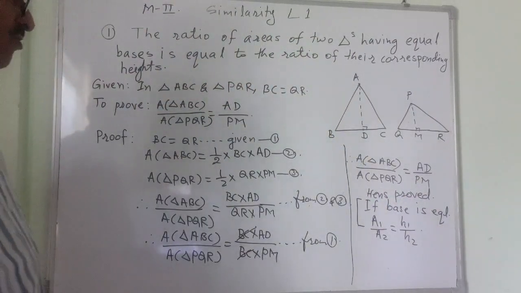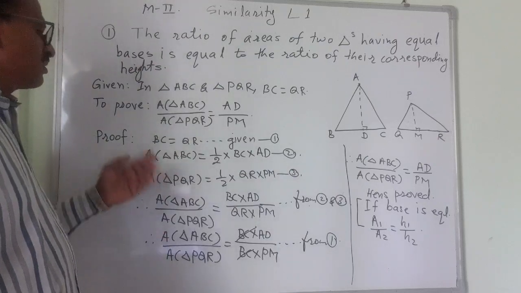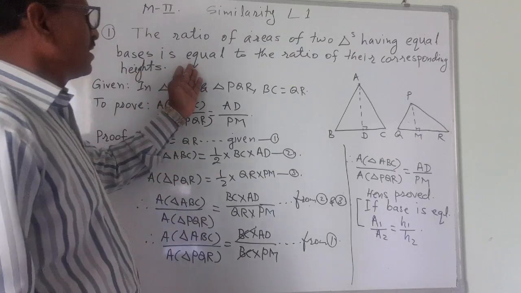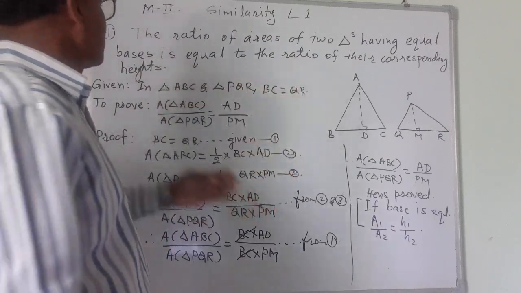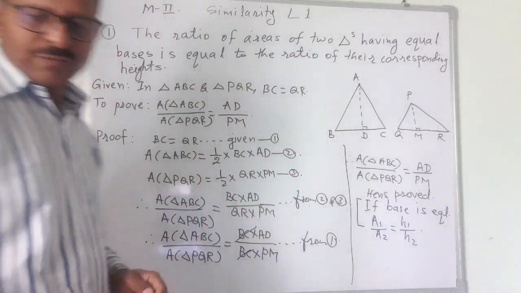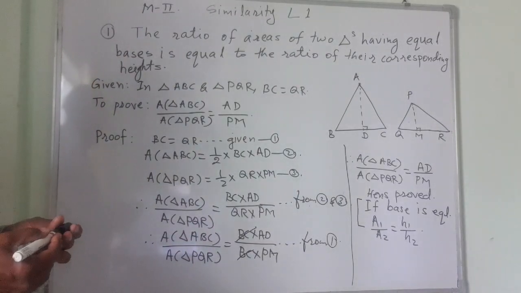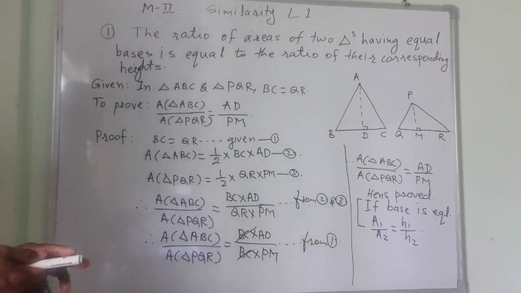Now the same way you can go for the third one, and that is if the heights are equal, then the ratio of the areas is equal to the ratio of their corresponding bases. So you might have written this.